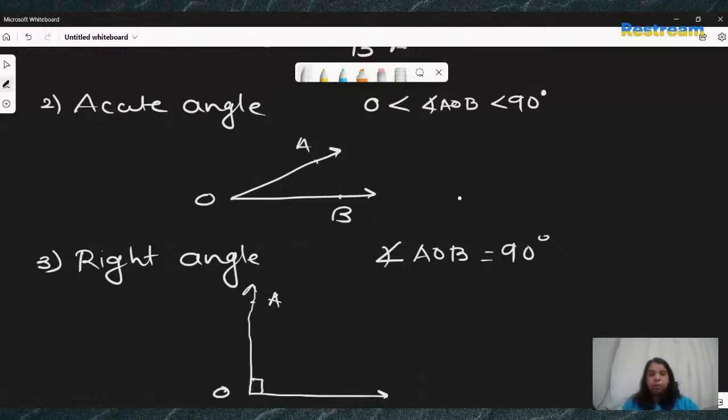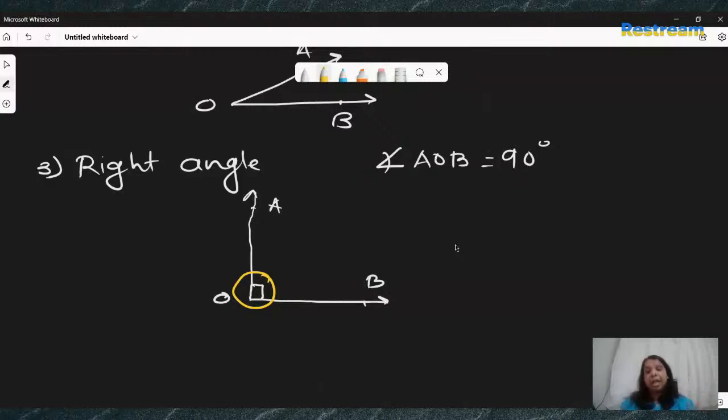So AOB is a right angle. Whenever you see this sign here, it indicates a right angle. So anywhere in your problems, whenever you see this sign, you can directly consider it to be 90 degrees. You don't even have to think about it. The sign signifies that the angle measurement is 90 degrees.